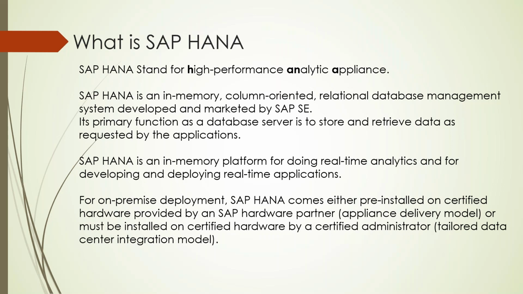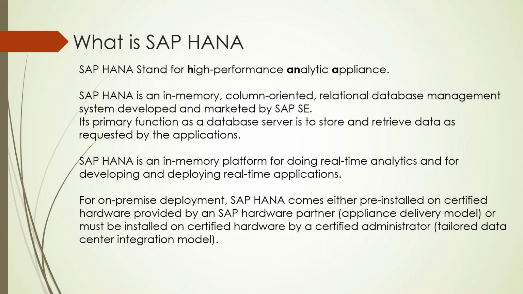So what is the difference between these two? In the appliance, SAP basically provides you the hardware. If the customer chooses the appliance delivery model, then SAP is responsible for managing the hardware. SAP will provide you the hardware and install the OS. SAP means the SAP hardware partner. Whoever is the hardware partner with SAP will provide you the hardware and the OS, and they will install the HANA database.